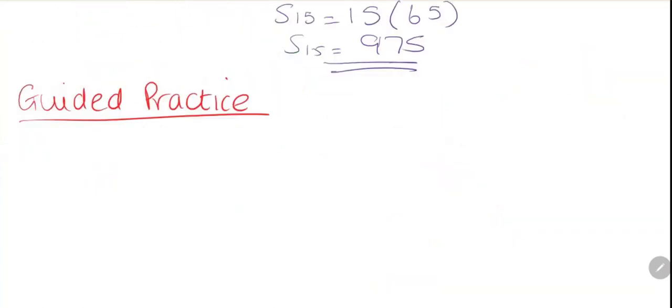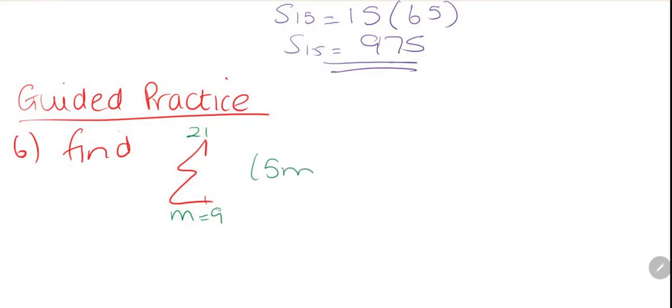So guided practice says find, when we have 21, this time we're using m instead of k, and the formula is 5m plus 6. Let's pause and have a go, and when you're ready press play.